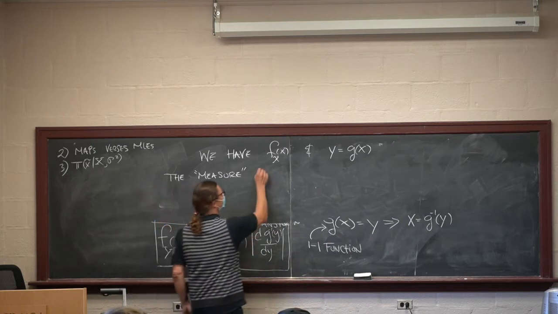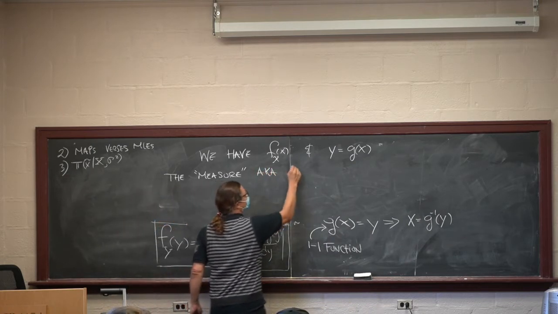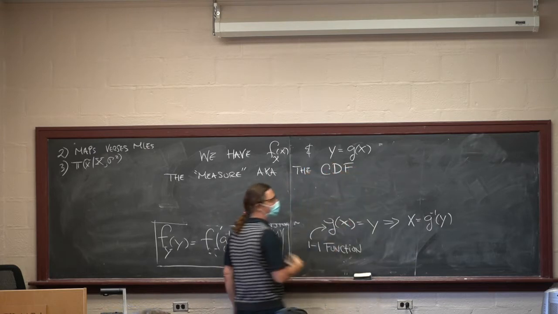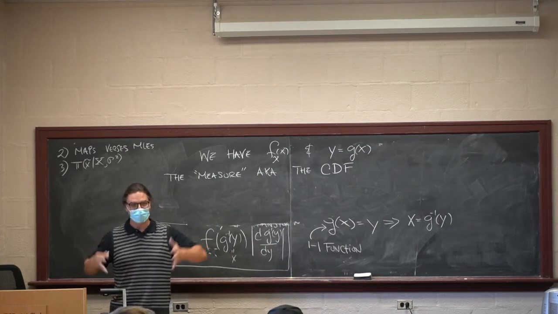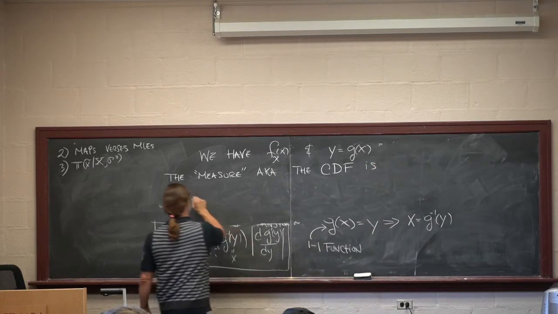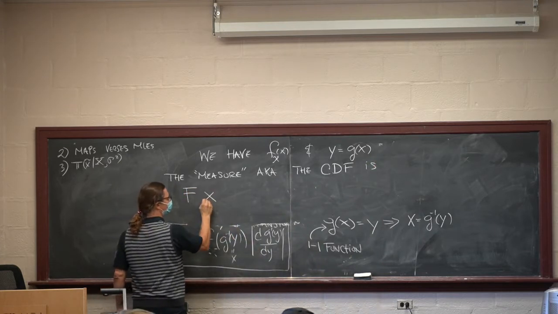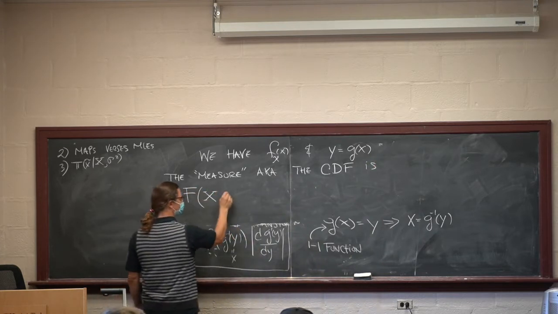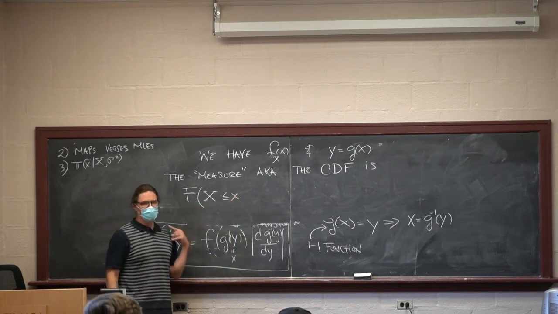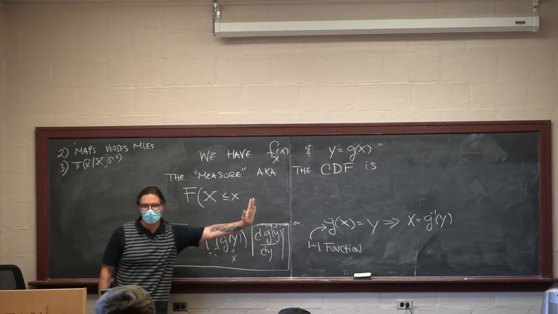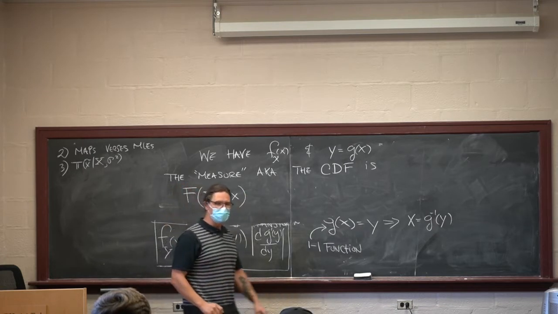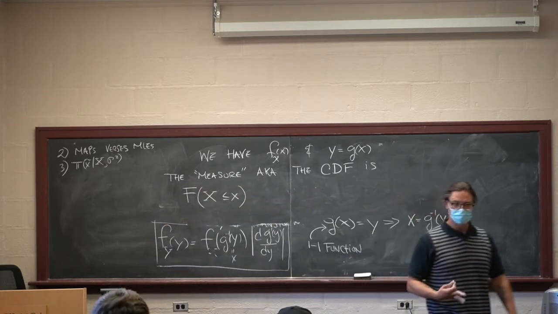The measure, aka the CDF, where you're adding things up, i.e. you're measuring things in areas, is this. F of x, you usually write it like this, less than or equal to x. It's a convention. Usually we're always measuring things from the left side, or adding up left to right. There's no mathematical reason other than we have to take a direction to make it a convention.